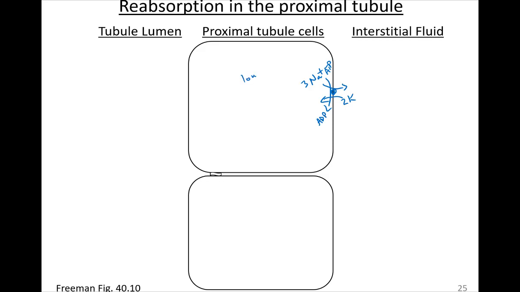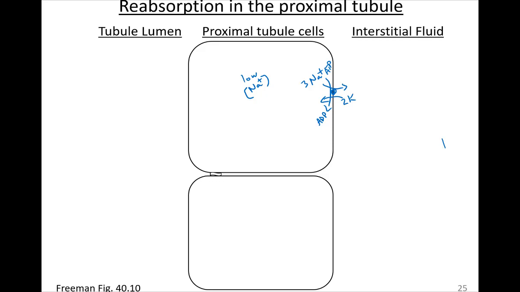What that does is it creates a low sodium concentration in these cells, and so that sets up a gradient of sodium concentration between the lumen and the cytoplasm of the cells lining the proximal convoluted tubule.